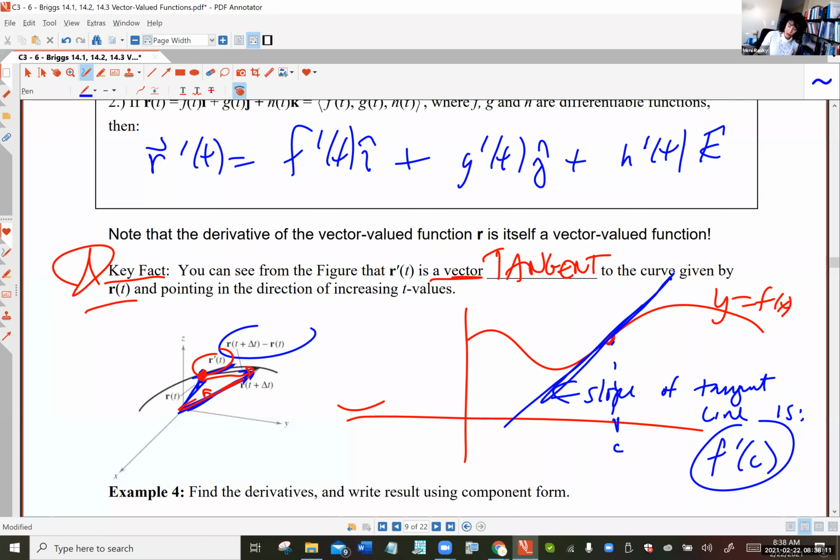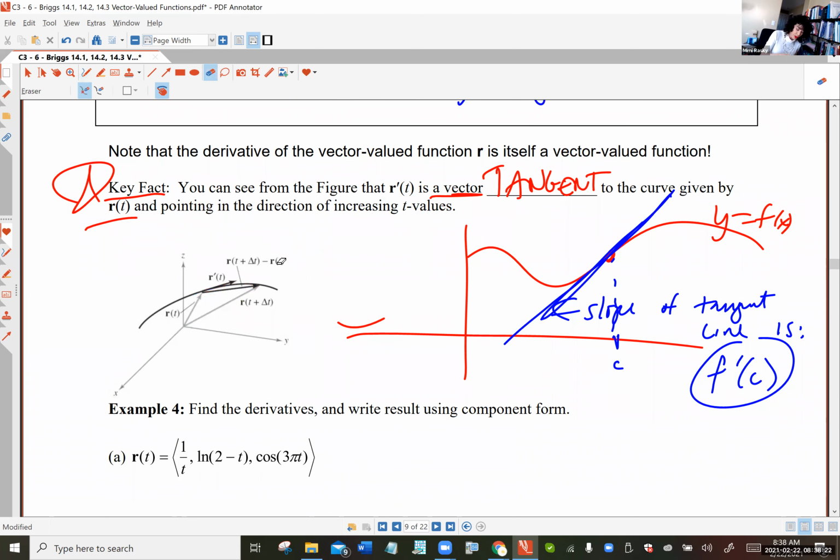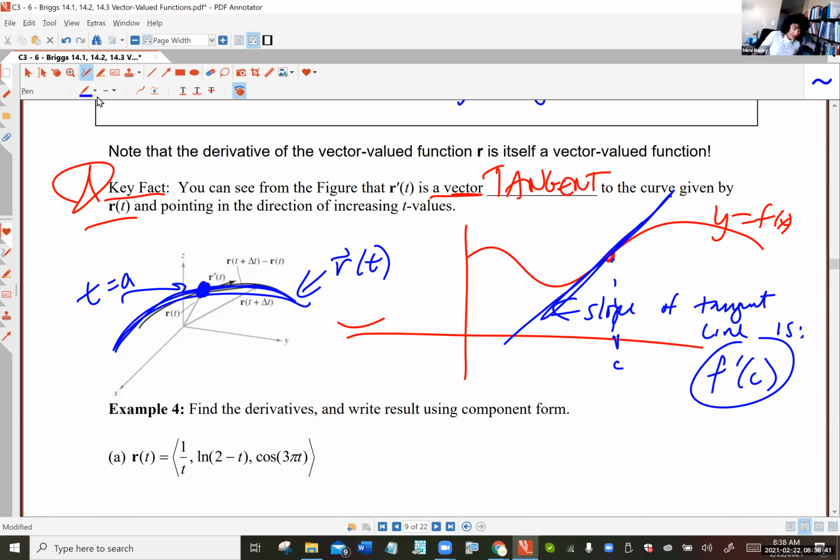So when you're finding the slope of a tangent line back in Calc 1 to the graph of a function, the slope is F prime. Okay, fine. Well, in the world of vector valued functions, we still sort of have that concept, although we're not going to talk about slope. Here's your graph of your vector valued function, the original one, right there. And let's say right at this point, when t is equal to some number, like a, r prime of a is a vector that's tangent to the curve.